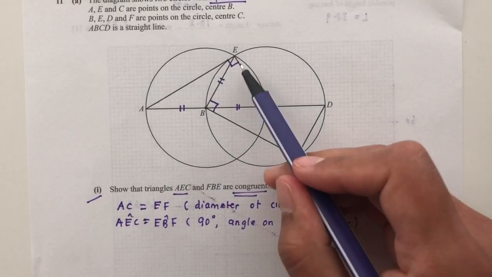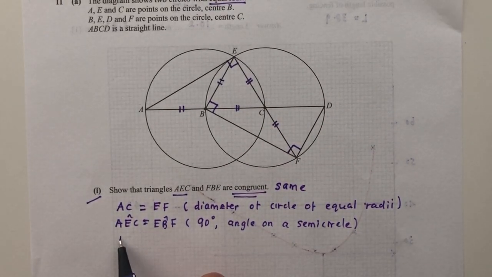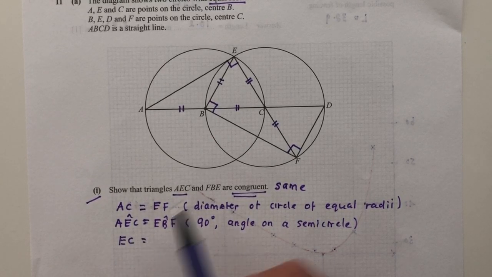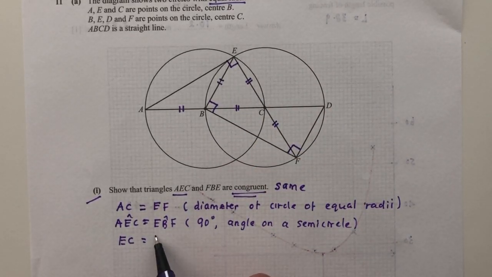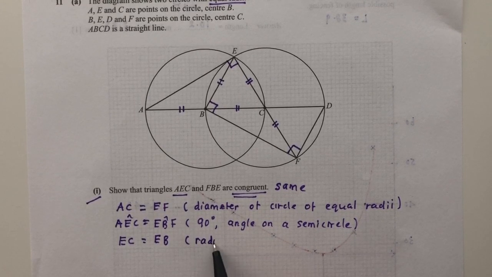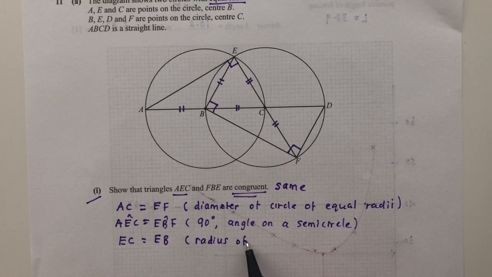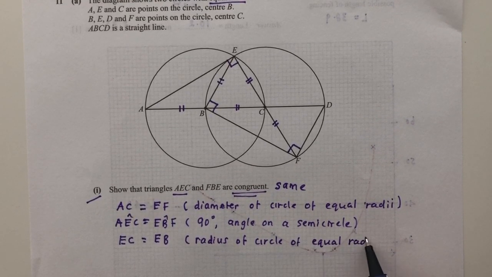And then what else do we have? We have this side, which is EC, equal to the side EB, which is just the radius of circles of equal radii.